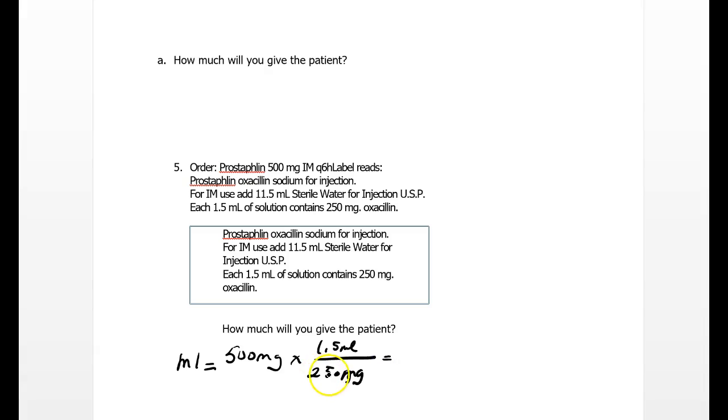Now, will 250 go into 500? Yes, it'll go 1 and 2. So 2 times 1.5 is 3 mLs. That's what we're looking for. We're only going to give 3 mLs.